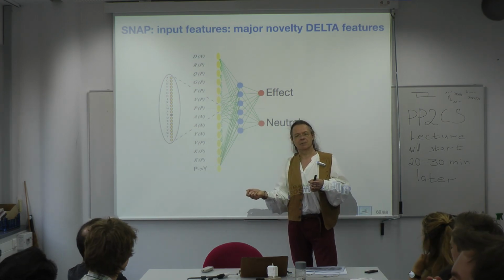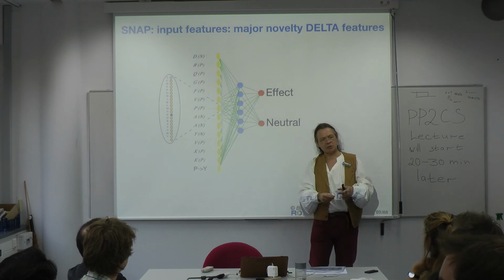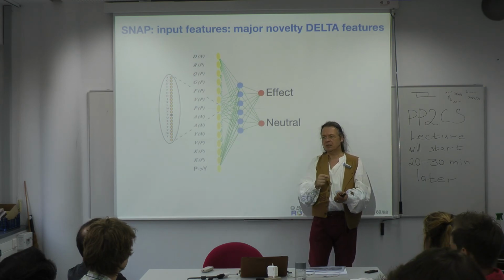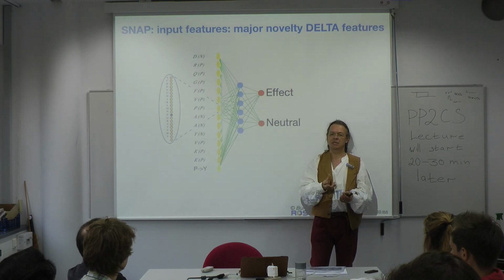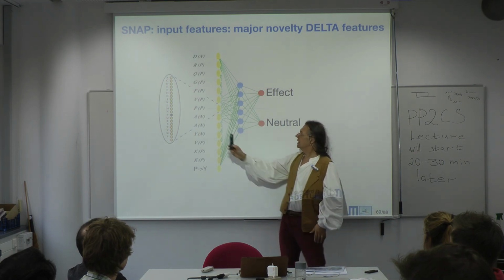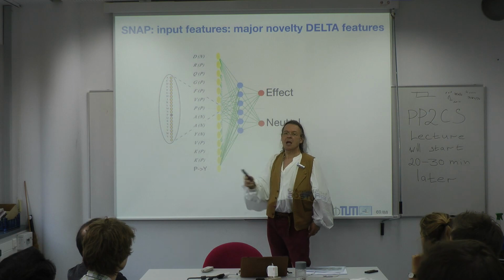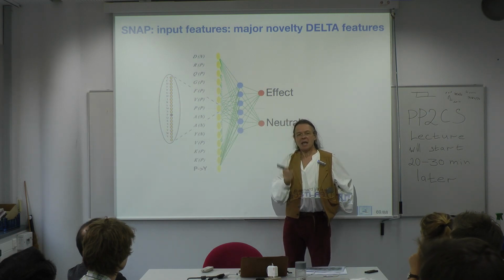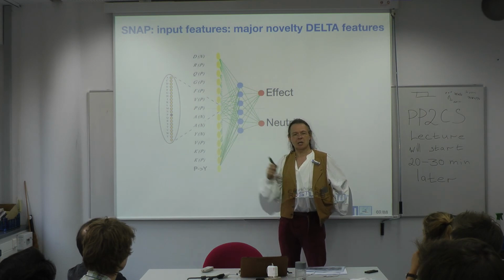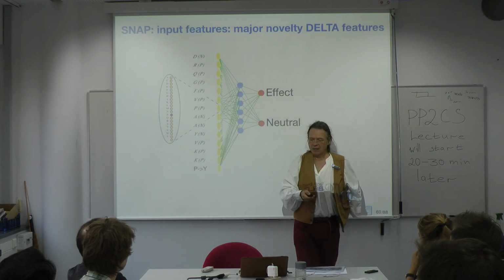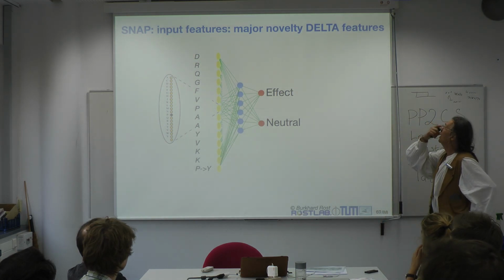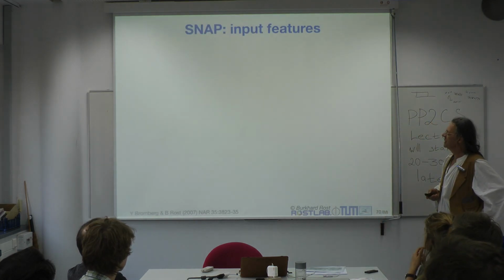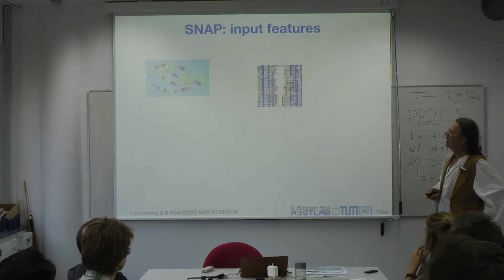Rather than putting in the predicted secondary structure for this vector, I put in the predicted variant of the secondary structure. How much, in the central residue here, how much is feature F, in this particular case secondary structure, going to change upon the sequence change, okay? And that's a new type of input features. Those are the delta features. That's the major novelty here.